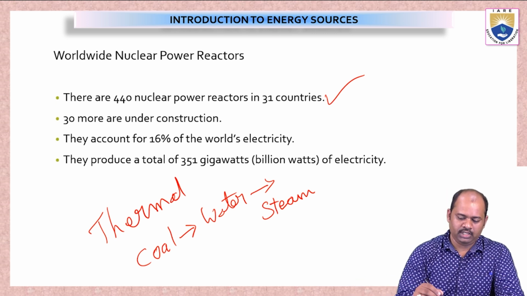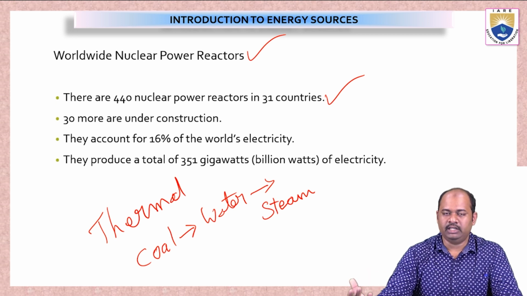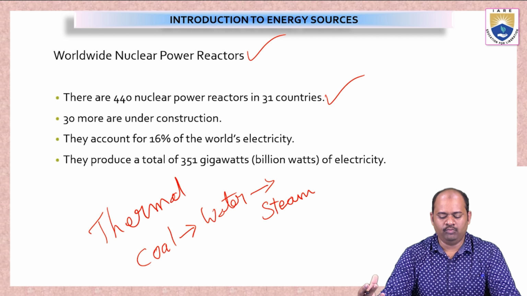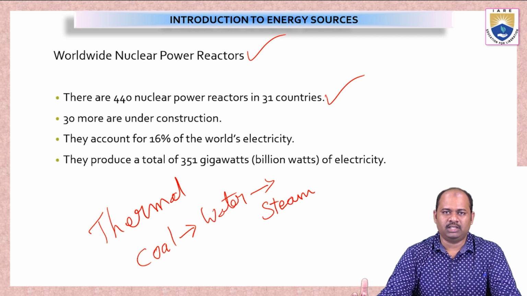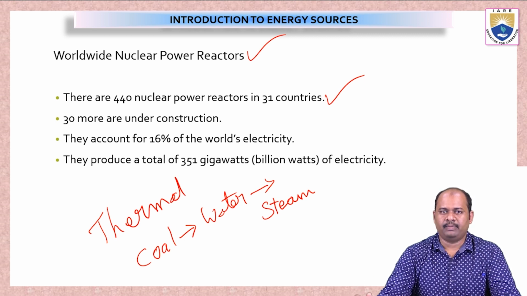Now, what happens in nuclear power reactors? The source of energy is nuclear power, where we will use radioactive elements for generating heat. This heat is used to boil the water, where the water is converted from liquid state to gaseous state, that is, into steam. This steam is made to fall on the turbines at high pressure and velocity.